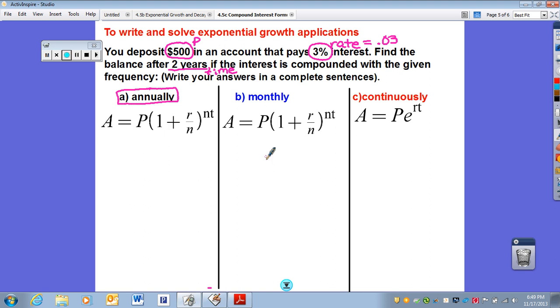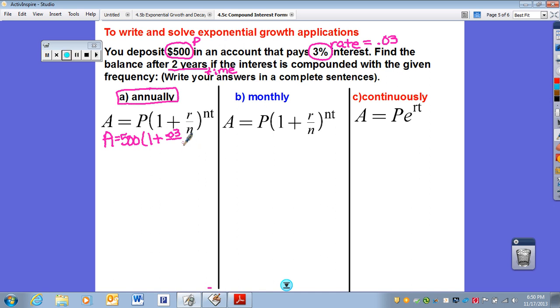All we need to do is substitute the information into the formula, and then we're going to calculate it. So A equals P, which is our starting amount, is $500, times 1, remember 1 includes our investment, plus our rate is 0.03, divided by N, and again, N stands for the number of times that we're compounding it based on a year.